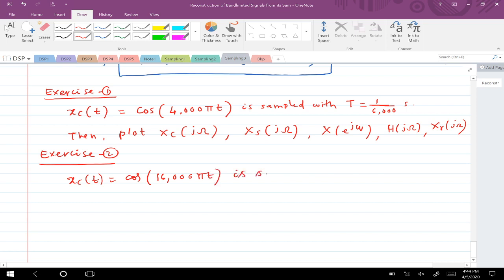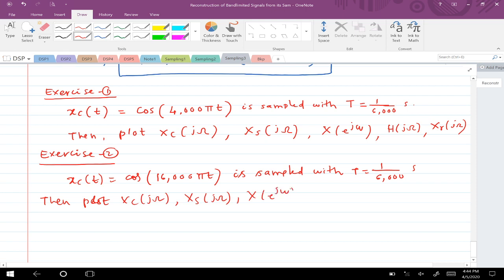It is again sampled with the same time period as the previous one, that is T equal to 1 by 6000 seconds. Now you again plot Xc of j omega, Xs of j omega, X of e power j omega, H of j omega, and the reconstructed signal also. If you want, you could plot xr of t also.